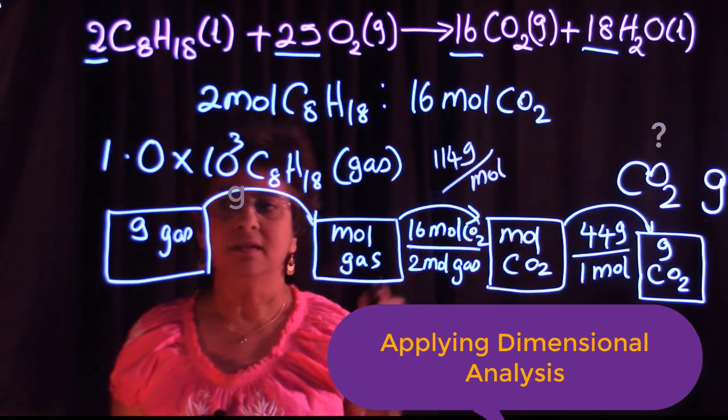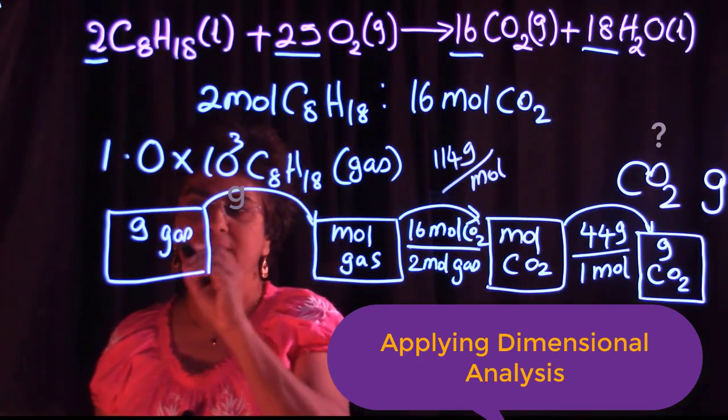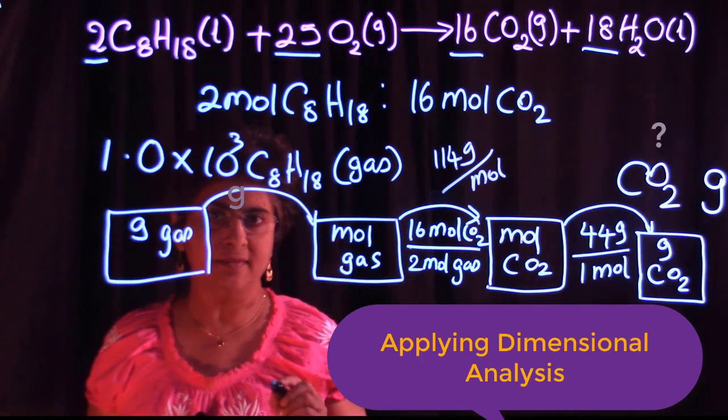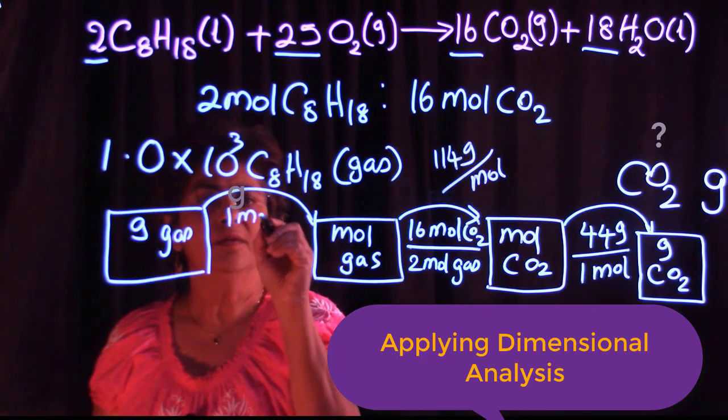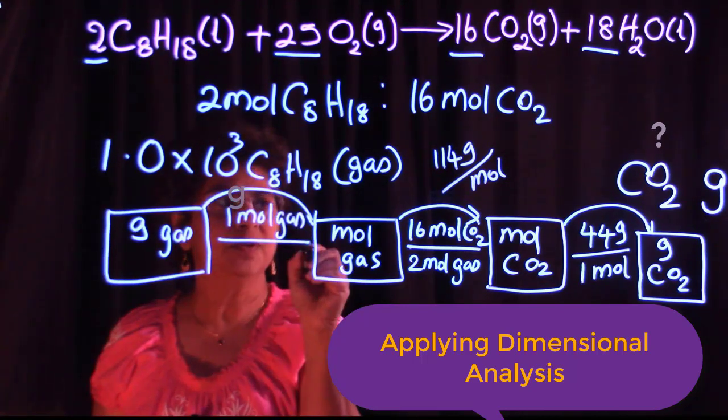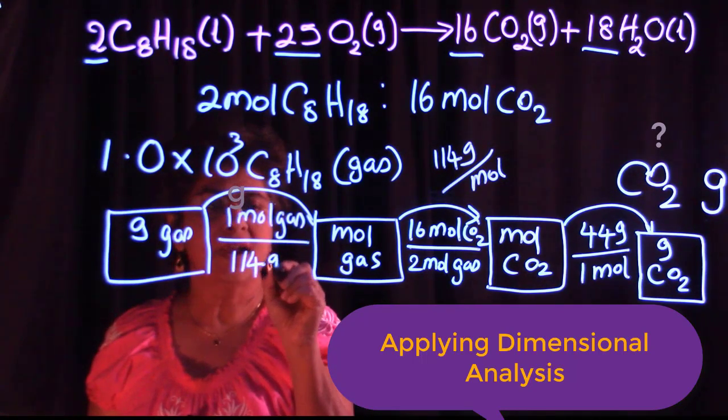Now here, the conversion is from grams of gas to moles of gas. So the conversion factor ought to be 1 mole of gas over 114 grams of gas.